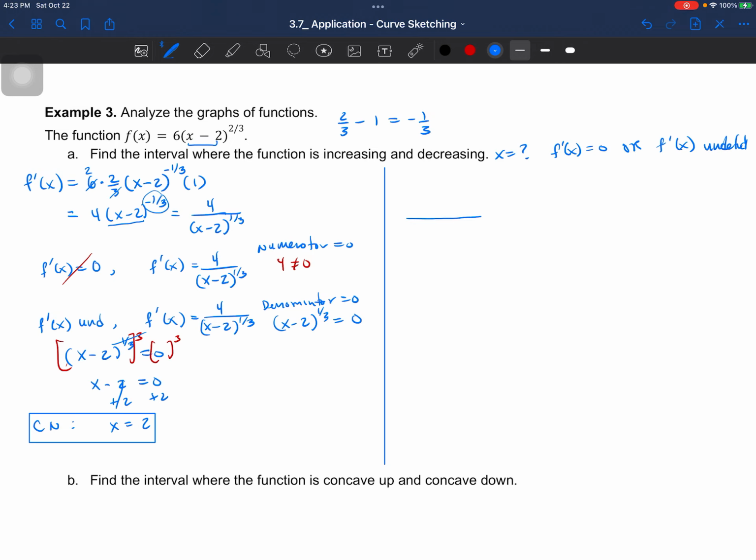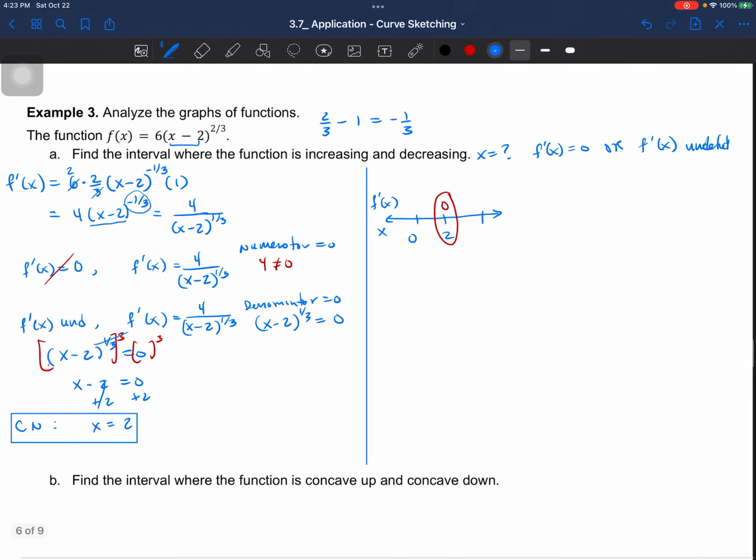So we found a critical number. Now we need to figure out whether this is going to be increasing or decreasing. At this point, we can just create a number line, and we have positive 2 to subdivide this number line.